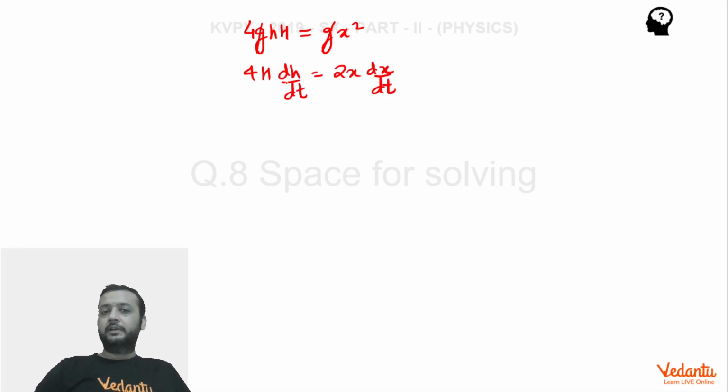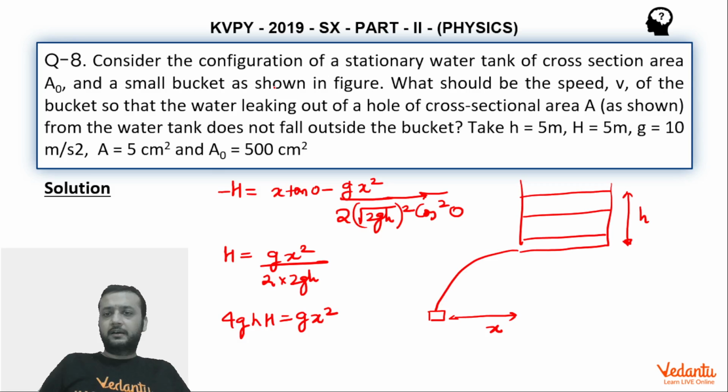Now dh by dt is the speed with which this surface comes down, right? So by the equation of continuity, capital A naught, the area of the free surface, into dh by dt should equal small a, the area of the hole, into the velocity of efflux, which is root 2 g h. So we can find the value of dh by dt from this equation.